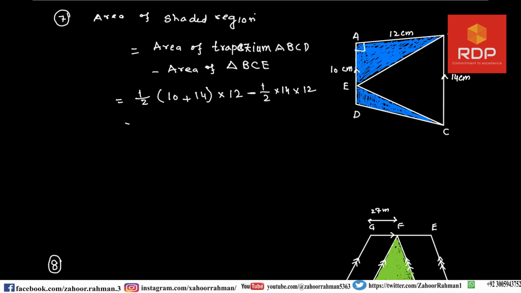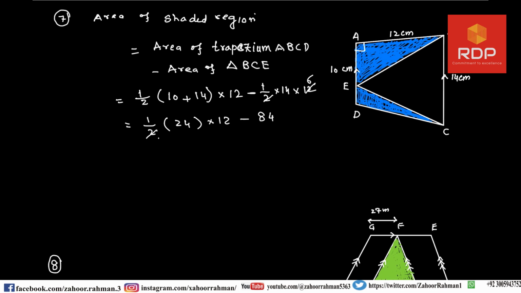So we have to write it 1/2 into 24 multiplied by 12 minus 1/2 into 14 into 12. Now 2 ones are 2 and 2 sixes are 12, and 7 times 12 will be equal to 84.